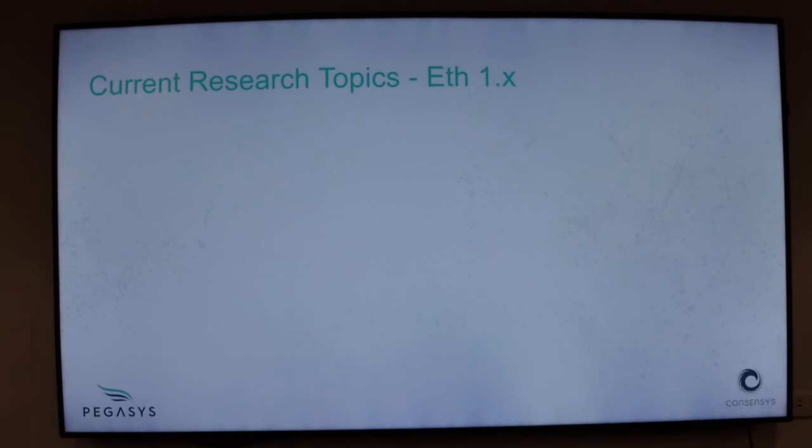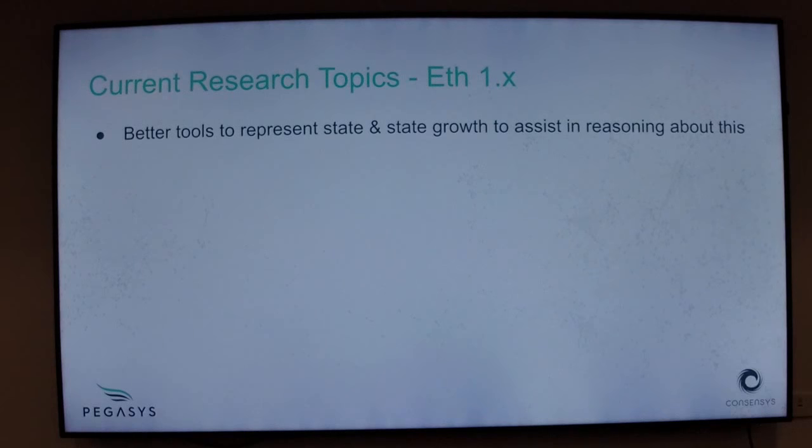So now we come to what are the current topics being looked at in ETH 1.x. One thing that a lot of people have been talking about is just having better tools to represent state and state growth to assist in reasoning about this, because once we understand what's happening there and you can run your prototype or test implementations, we can then analyze the results much better, whether you're a researcher, an app developer or a client developer.